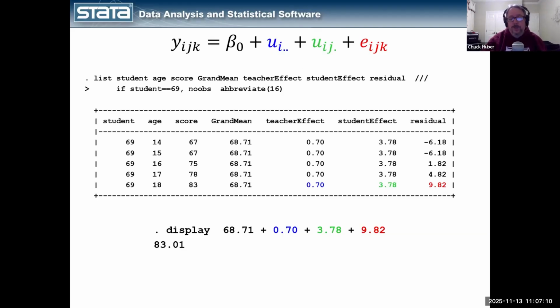If you have a lot of clusters or a lot of students, or maybe 20 or 30 teachers, you can generate these effects and plot them to see which classrooms tend to be higher or lower. So even if you treat teacher as a random effect, you can predict that random effect and then plot or summarize them and see which teachers tend to have higher deviations and which have lower, and in which direction. This is just barely skimming the surface.